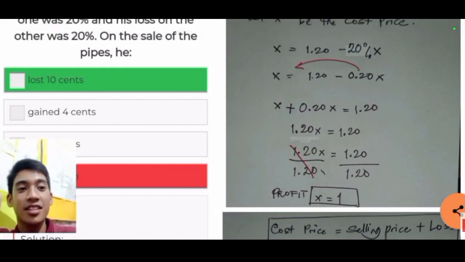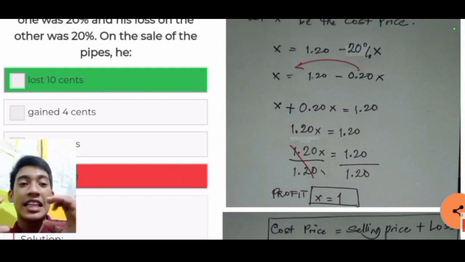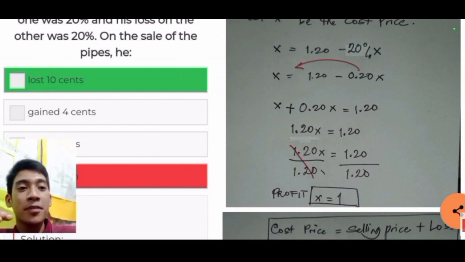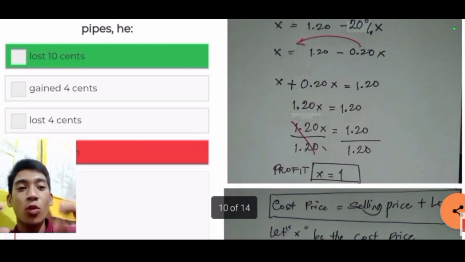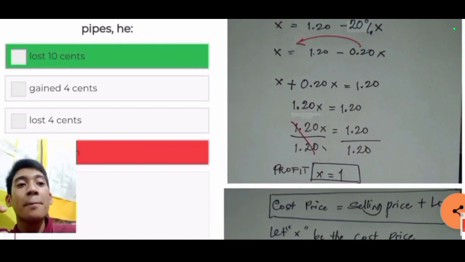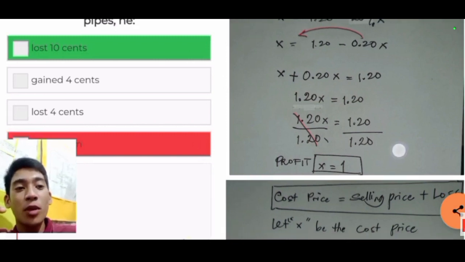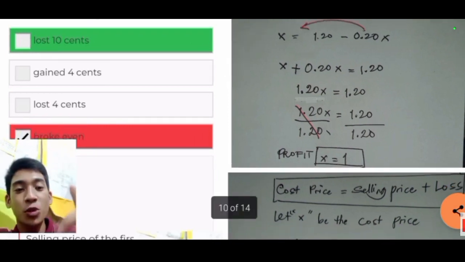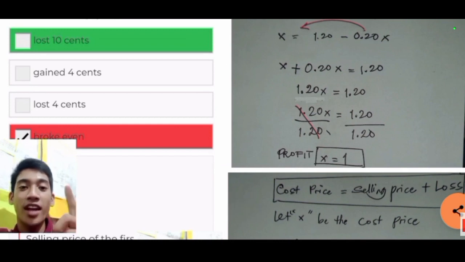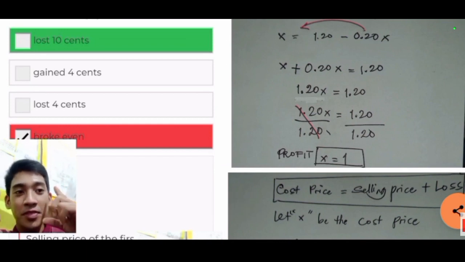They are like terms, so add. Then divide both sides by 1.20 to get our X, which is 1.20 divided by 1.20, simply giving us 1. So the cost price here is $1.